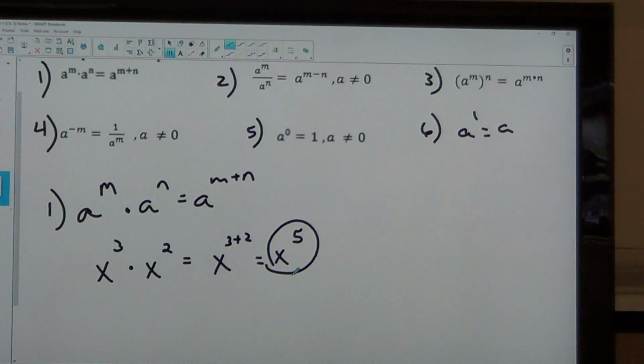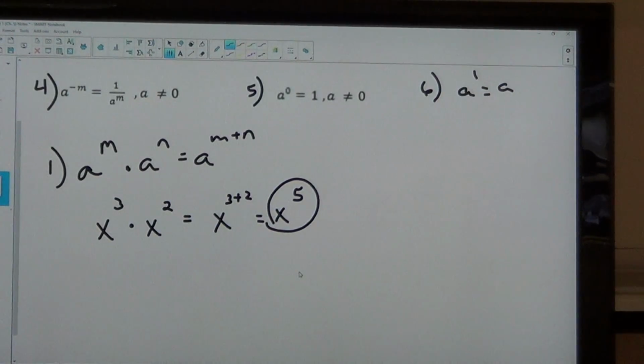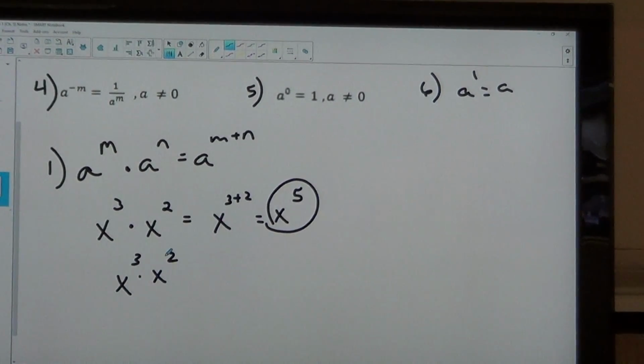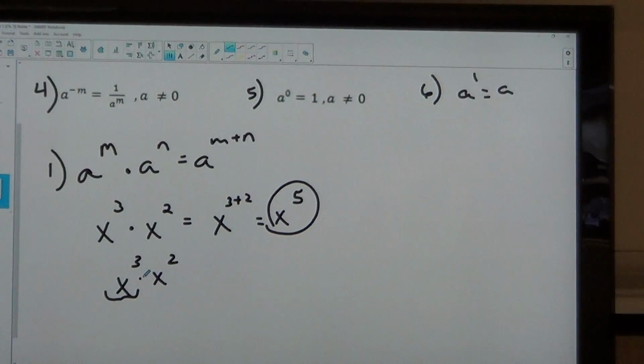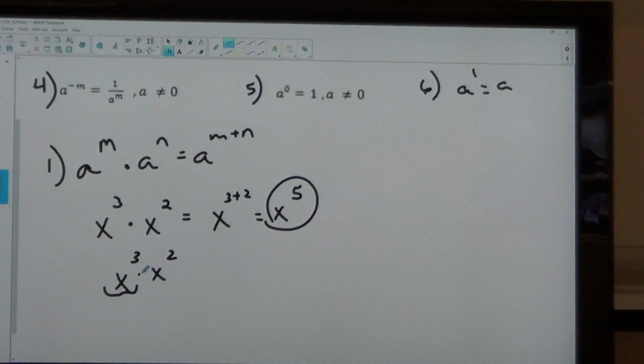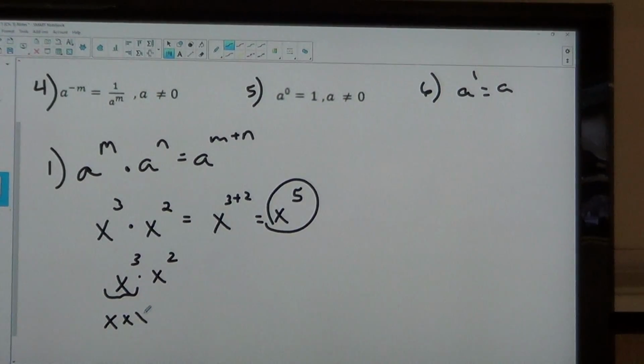Now, I'm not one to keep up with rules. I hate to memorize rules. So if I gave you a problem that says x to the 3 times x to the 2, what does x to the 3rd mean? How many x's do you have? 3. You have 3 x's. What does x to the 2nd mean? 2 x's.